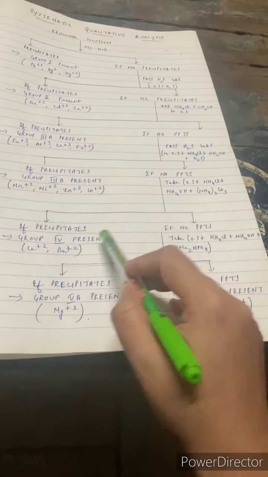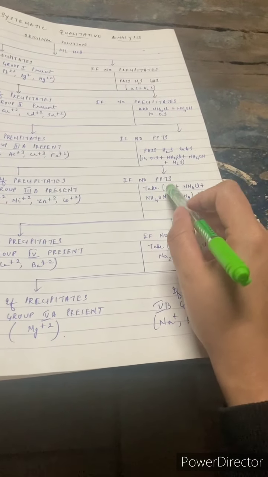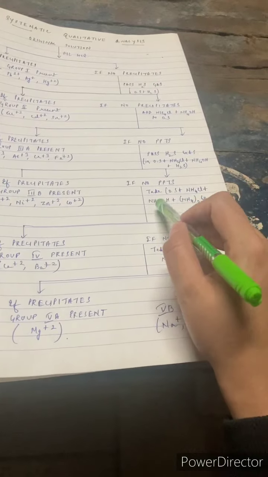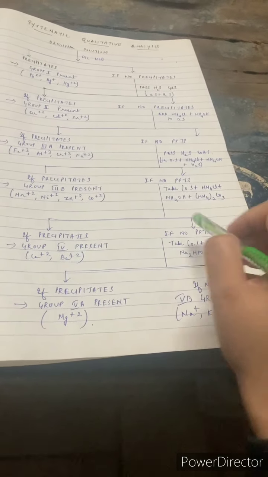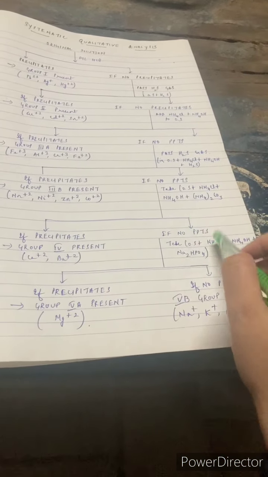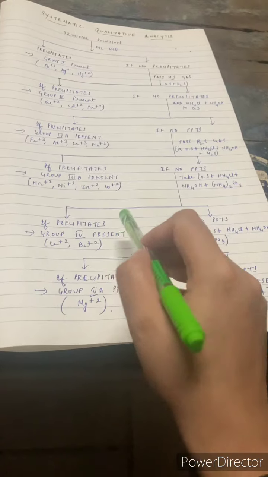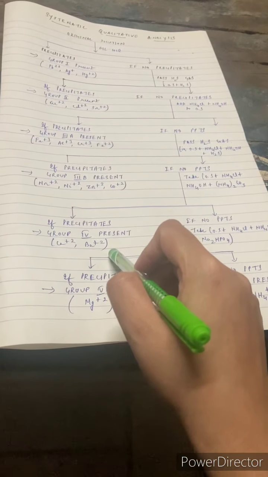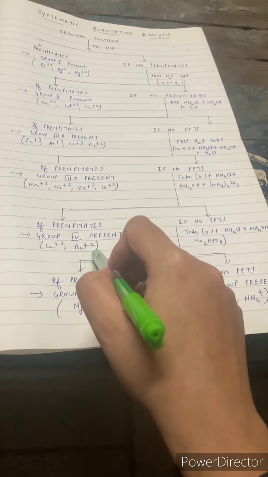I'll check if the 4th group is present or not. So I'll take OS plus NH4Cl plus NH4OH plus ammonium carbonate. Again I'll check if precipitates are there or not. If precipitates are there, then group 4 is present. In group 4, I have calcium or barium ions. If precipitates are there, either of these ions may be present.